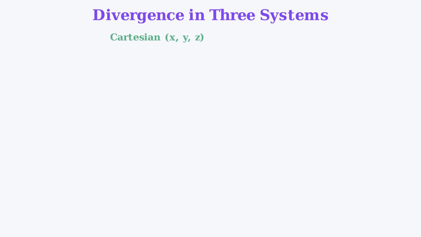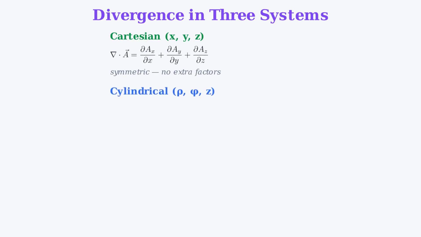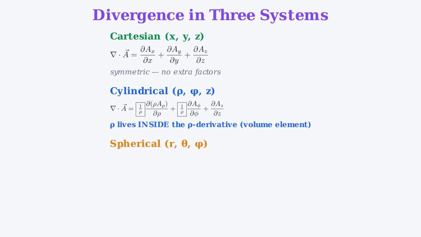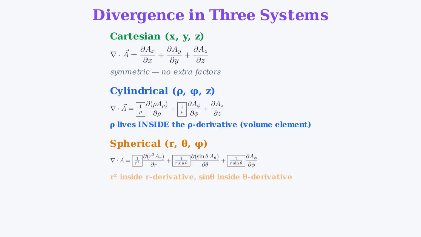The divergence formula has the same shape in every coordinate system, but with different factors that account for how the volume element changes. In Cartesian, nabla.A equals partial Ax over partial x plus partial Ay over partial y plus partial Az over partial z.